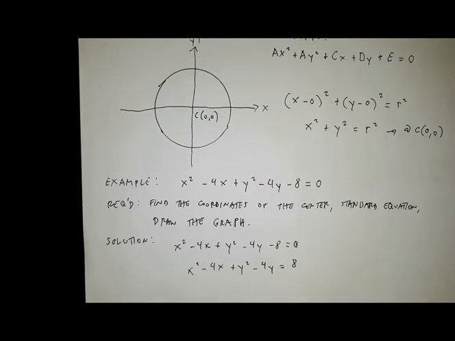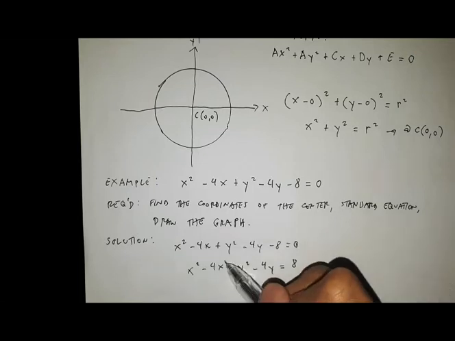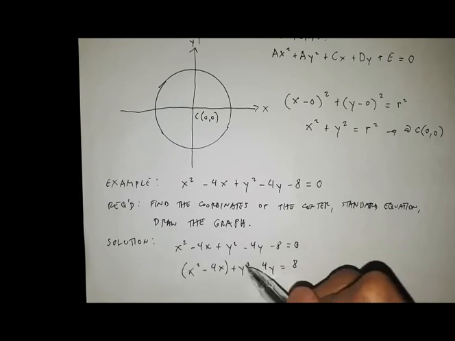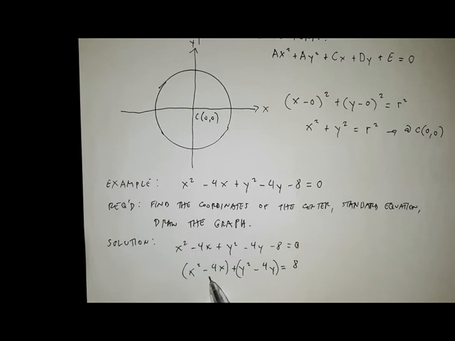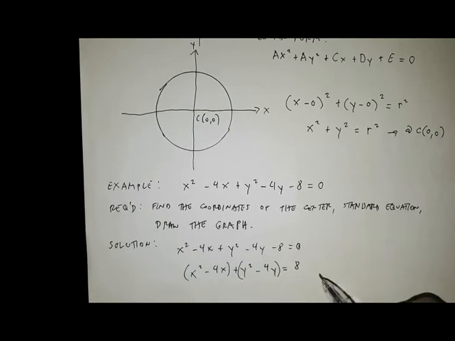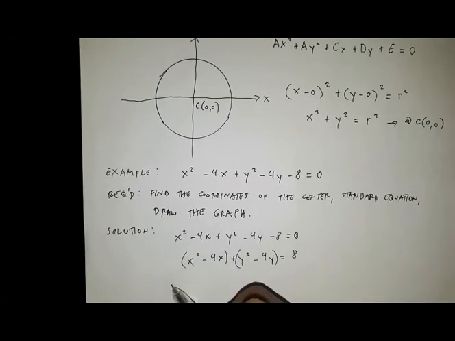So now our goal is to create a perfect square trinomial from this, and we can do that by completing the square.